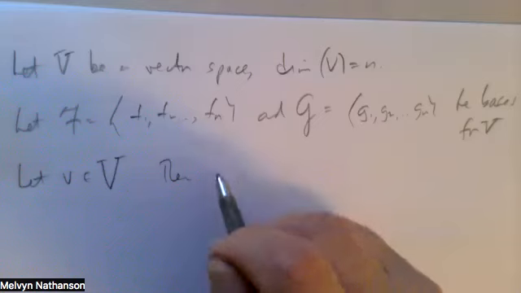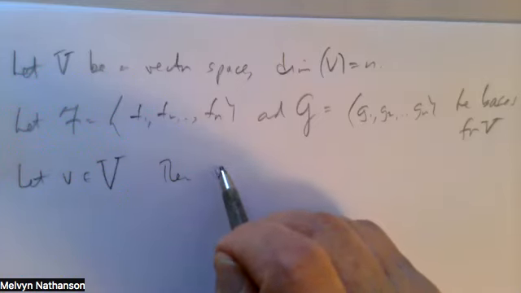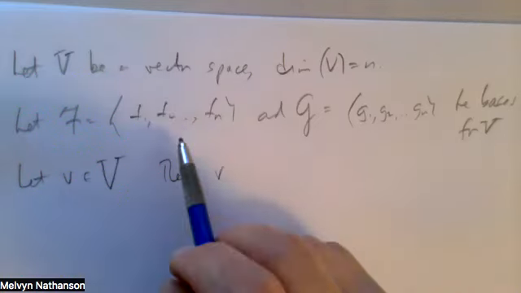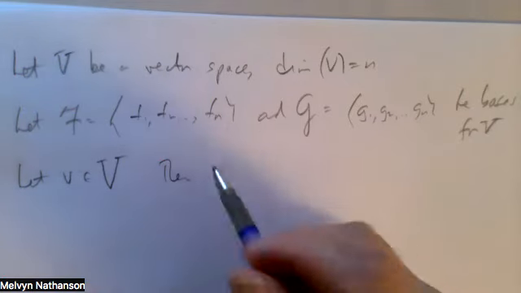Then v is some linear combination of the vectors in a basis.